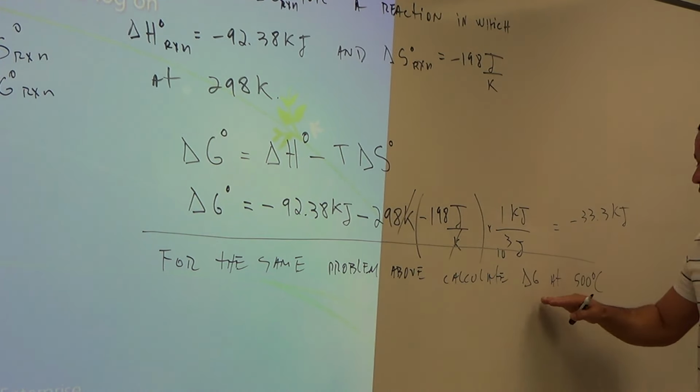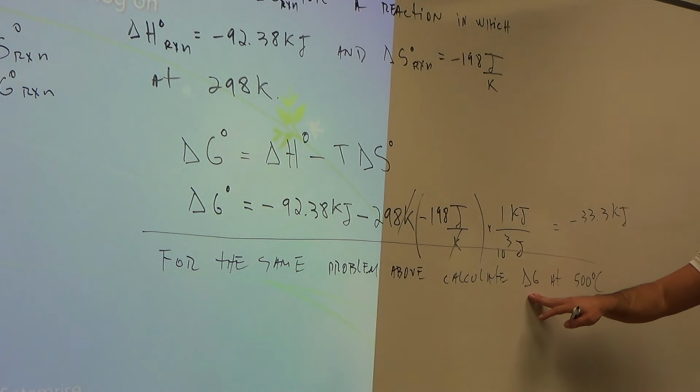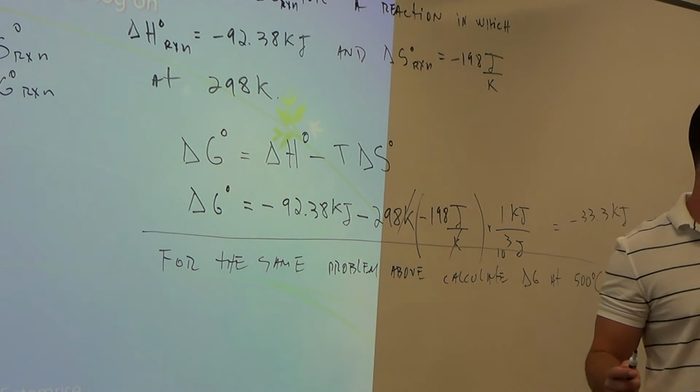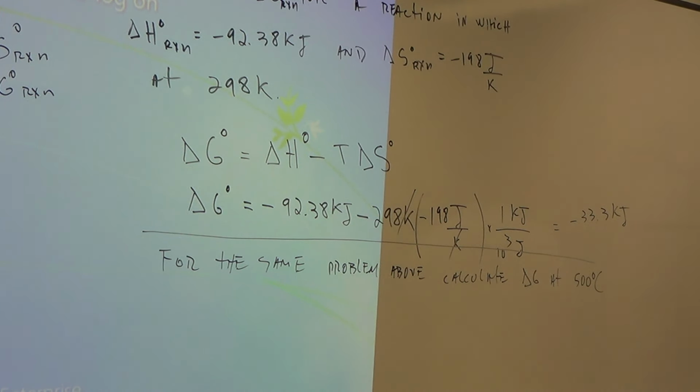So what we are going to do is, when I ask you to calculate delta G at another temperature that is not 298, what you get is an approximation. Write it down. We are going to use numbers to calculate this delta G that are under standard conditions, at 298.